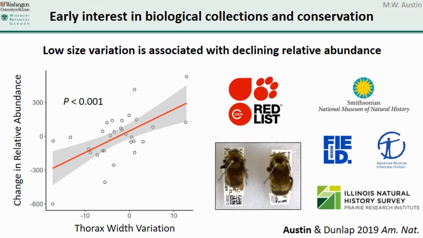And I found support for that hypothesis with a positive correlation between change in relative abundance and interspecific variation, where species with greater variation are more likely to have increased in relative abundance across the past century, and species with lower variation are more likely to have declined. So I took an early interest in the utility of biological collections.